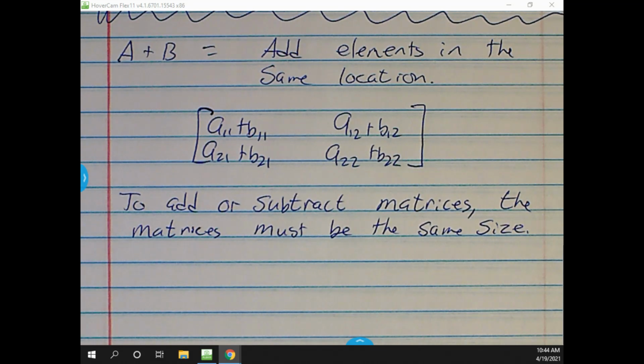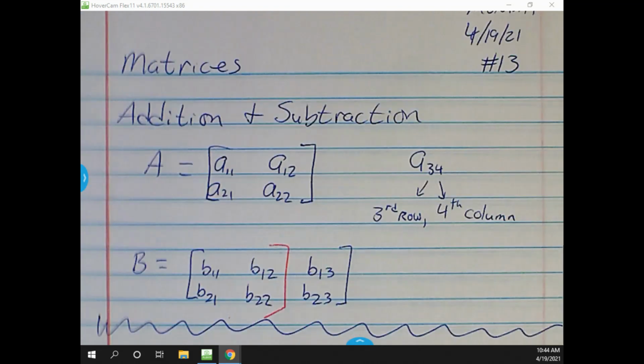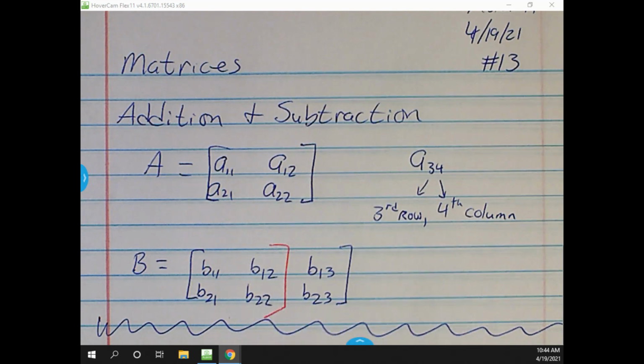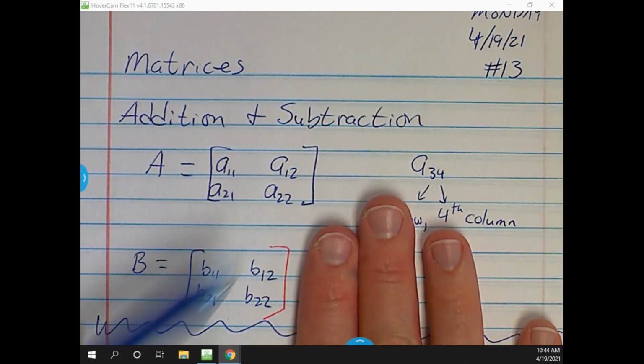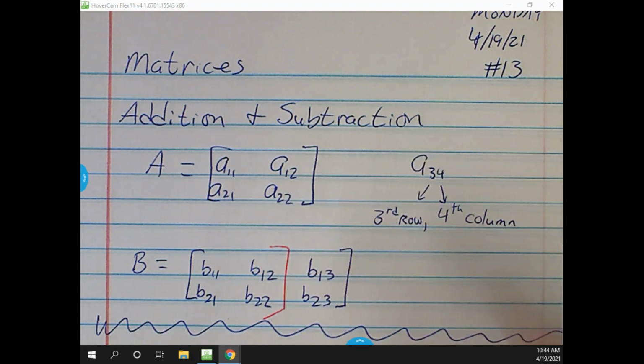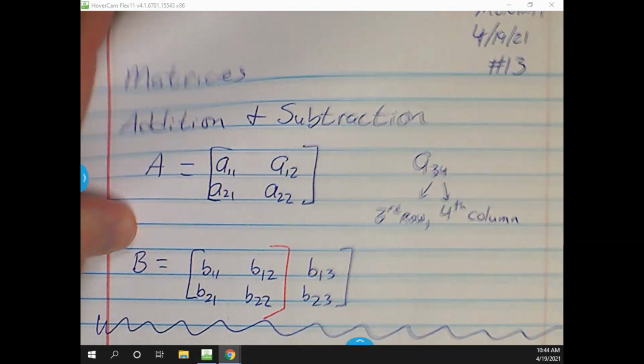If we backed up for a second, with these two matrices you couldn't add or subtract them. B would have to be that size. They both would have to have two rows and two columns. If we tried to add these two together, that would not be possible.